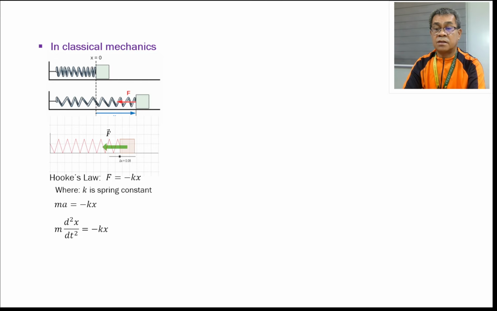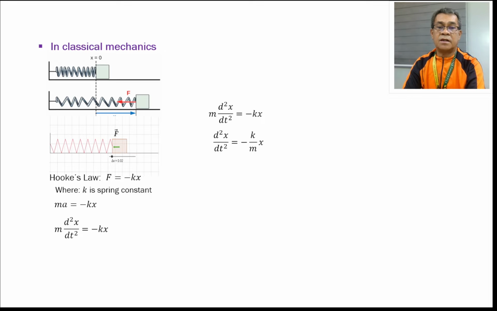Of course, this is a kind of differential equation because acceleration is the second order derivative of the position with respect to time, and it equals negative kx. Dividing both sides by m, this is a homogeneous differential equation.